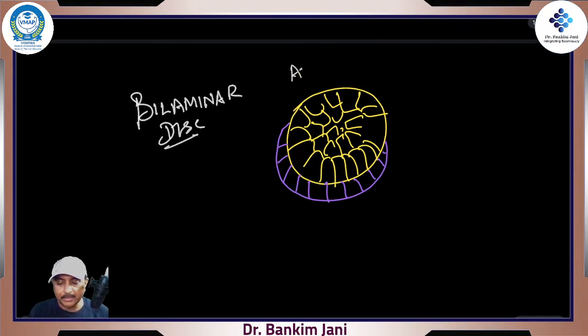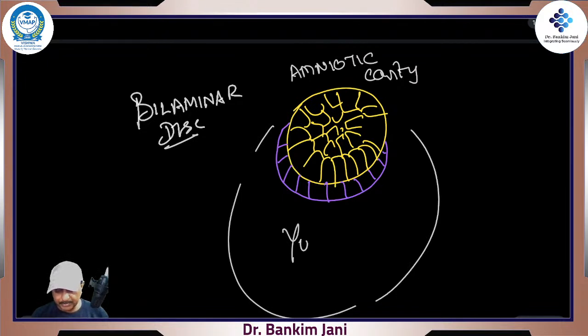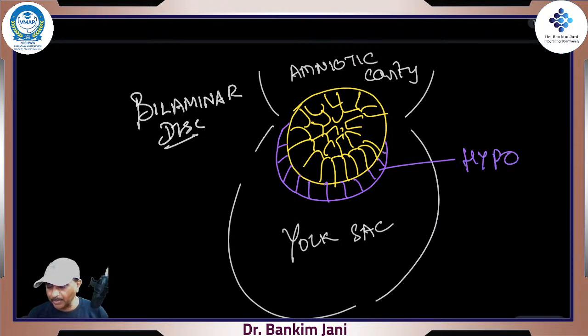Over here there would be the amniotic cavity, and just below this would be the yolk sac. This above would be the amniotic cavity. So that's the hypoblast, and this one would be the epiblast.